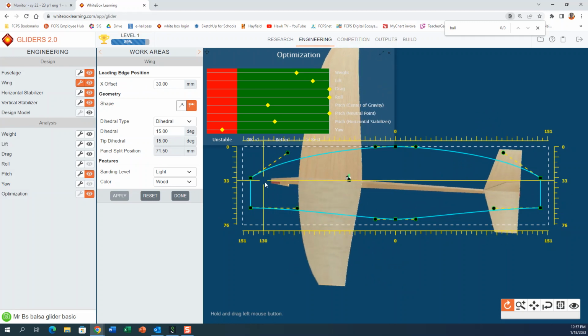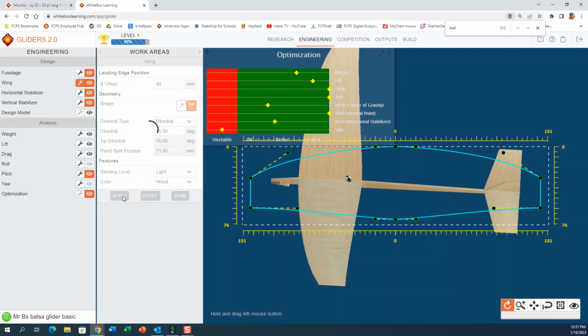From the nose of the airplane to the front of the wing, it says is 30 millimeters. So if we want to push this wing back a little bit to move our center of gravity back a little bit, we're just going to change this number a little bit. Again, we don't want to make huge changes. We want to sneak up on a good design.